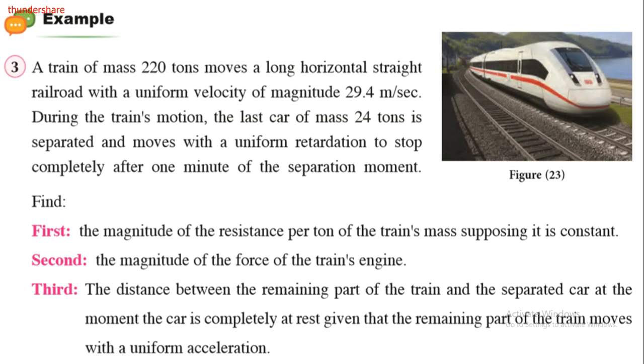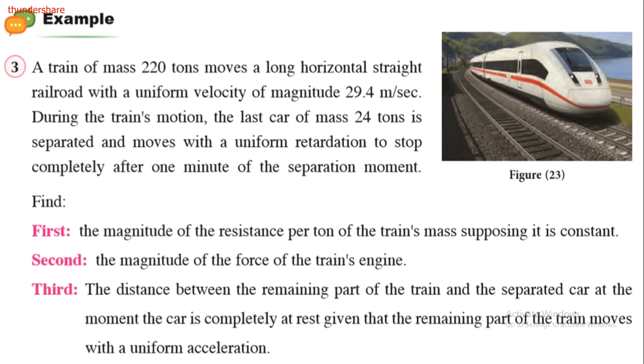The last problem today, and it is a very special problem. A train of mass 220 tons moves along a horizontal straight rail route with a uniform velocity of magnitude 29.4 meters per second. Please focus on this word, uniform velocity. This is not Newton's second law.